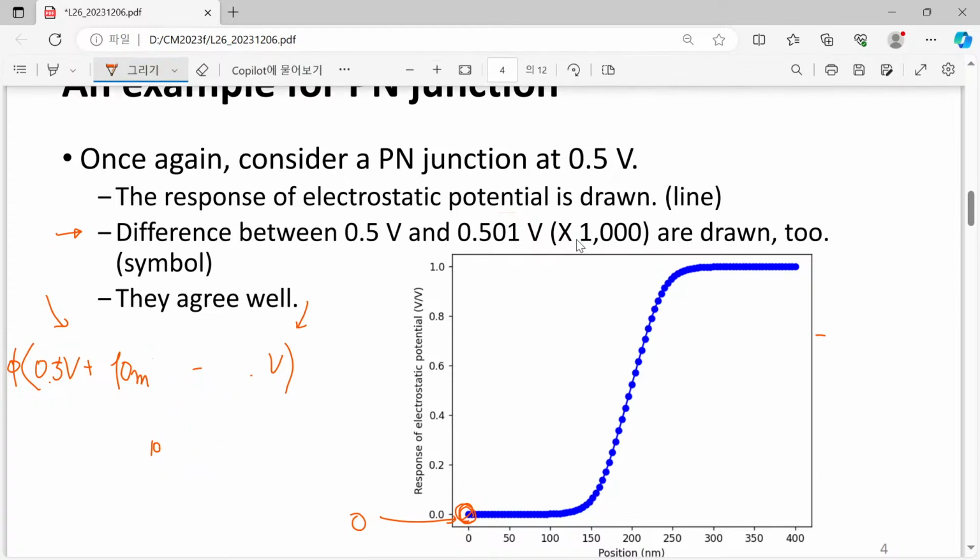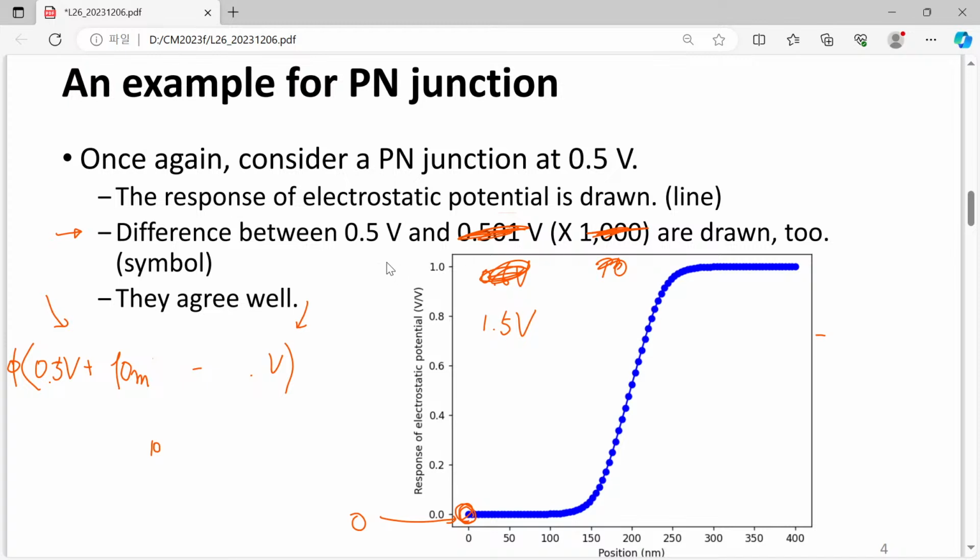For example, instead of that, I just used 0.6 volt and multiply by 10. Then what will happen? If this is not very obvious to you, then how about this one? I just apply 1.5 and take the difference and draw something.